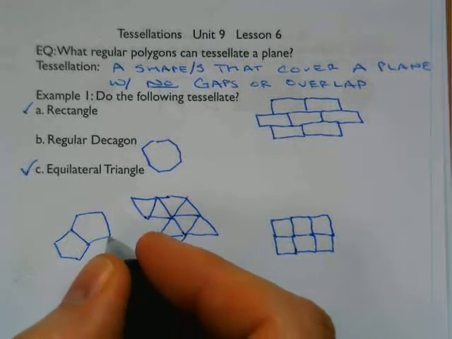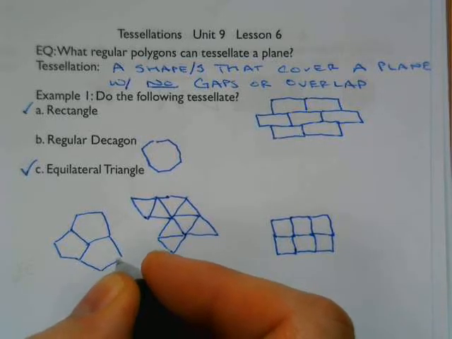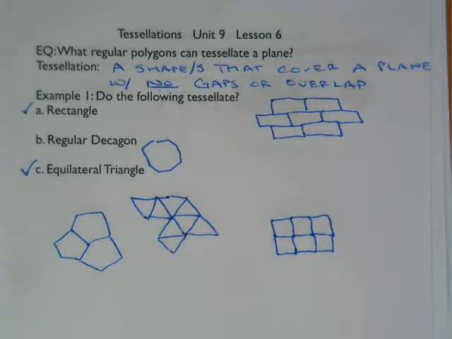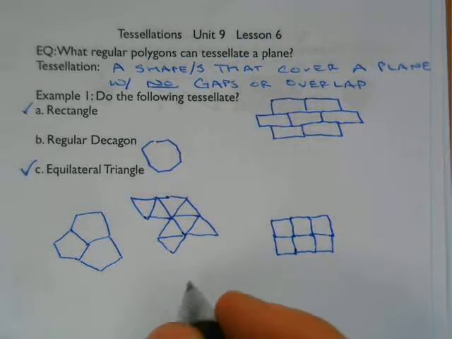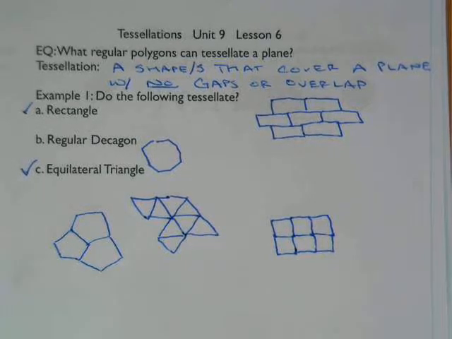Okay. What about this one? Feels kind of weird. It just doesn't look right. If you can think back to the warm-up, you don't have the warm-up if all you're watching is the video, but in the warm-up we found the measures of one interior angle in regular polygons.